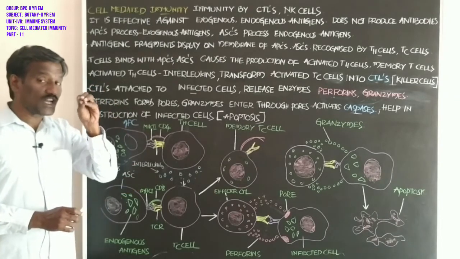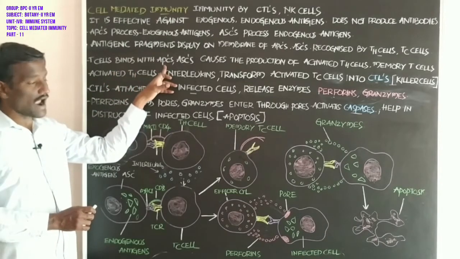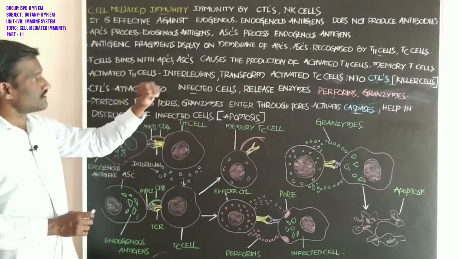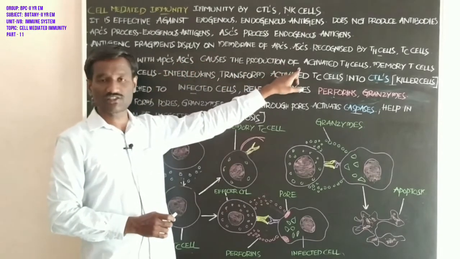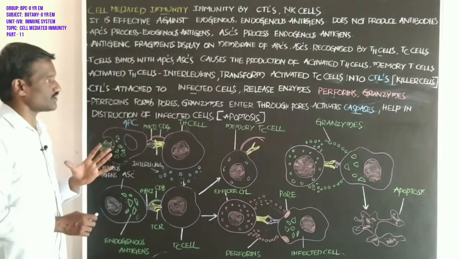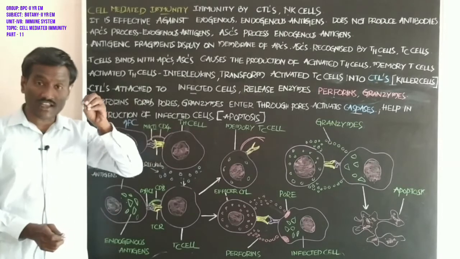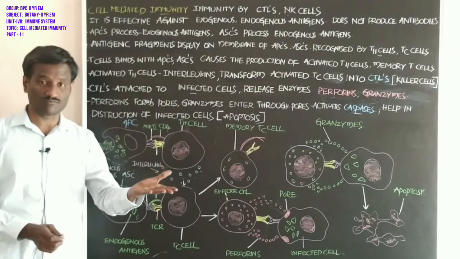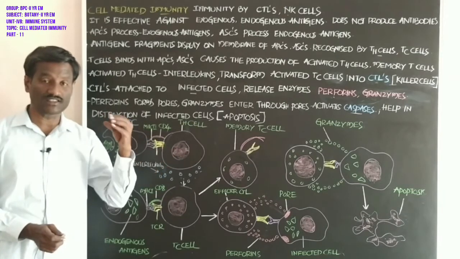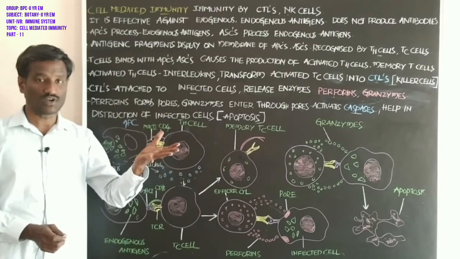Both types of T lymphocytes bind with antigen presenting cells and altered self cells, causing the production of activated T helper cells and memory T cells. T helper cells are activated when they bind with the antigen presenting cells.